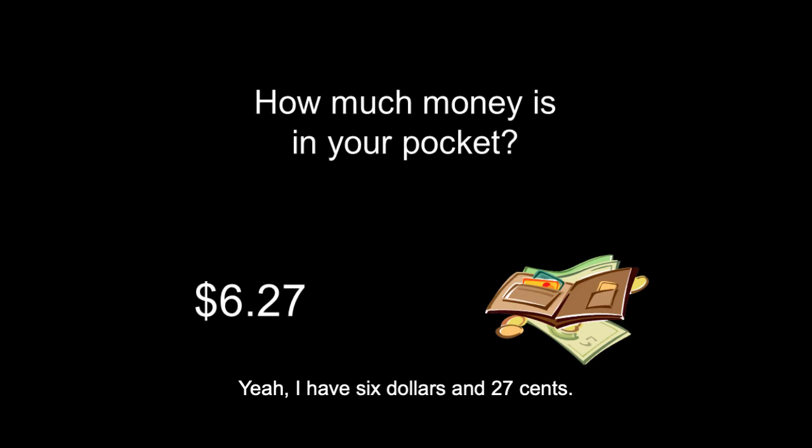Yep, I have $6.27. Or do you think of, well, I've got a $5 bill, I've got a $1 bill, I've got a quarter and 2 pennies. So depending on how you think, you will kind of come to that conclusion a bit differently.